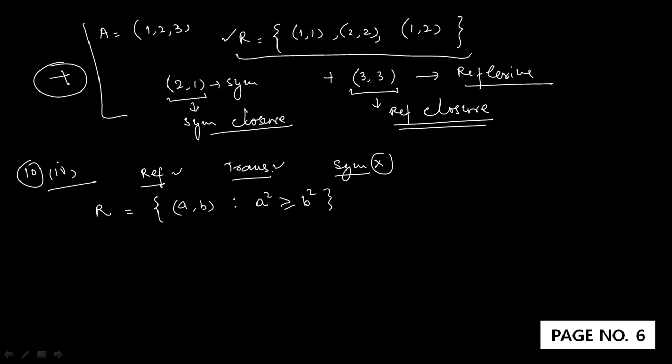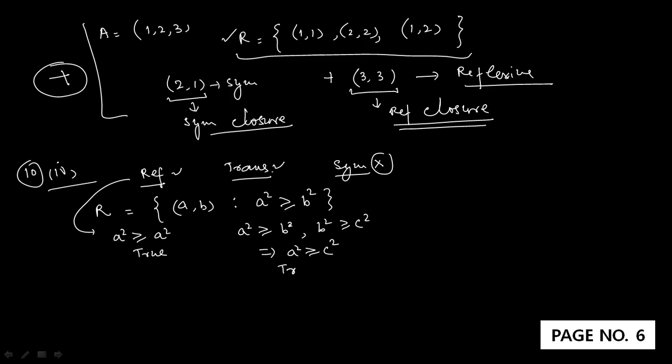Now what about the first condition, that is reflexive? If I am writing A square greater than or equal to A square, this one is true. Now what about transitive relation? If I am writing A square greater than B square and B square greater than C square, clearly I can write A square greater than C square.